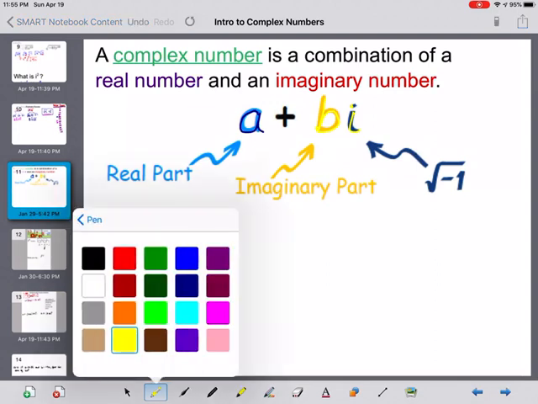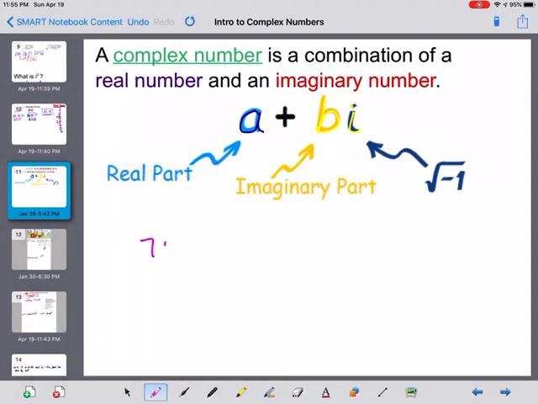Here's an example. If you had the number 7 plus 3i, they're not like terms because they don't both have an i, so we can't add them together. It just stays 7 plus 3i, and this is what's called a complex number.